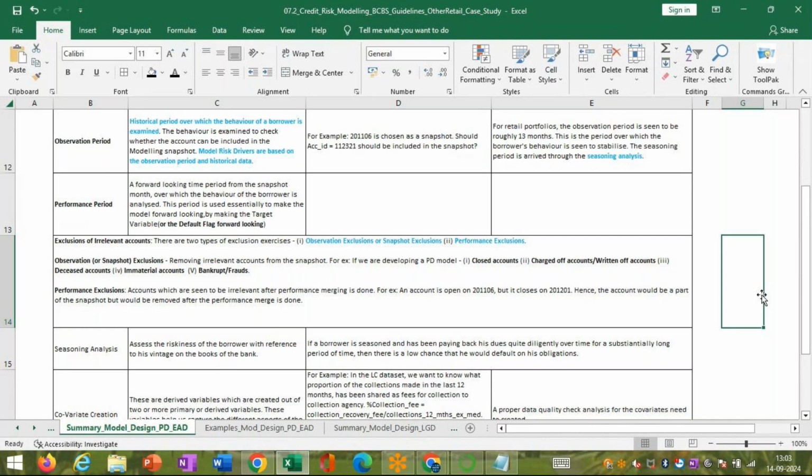So whenever I am choosing any sample month as a snapshot, I need to ensure that with respect to that month, there must be 13 months of observation and 12 months of performance.